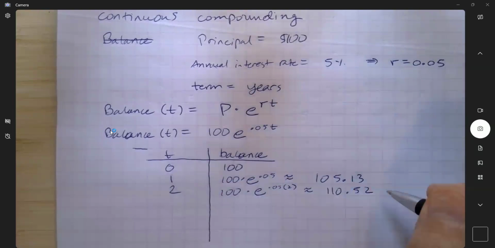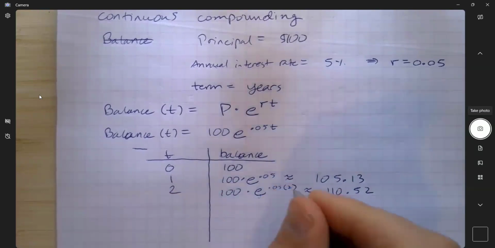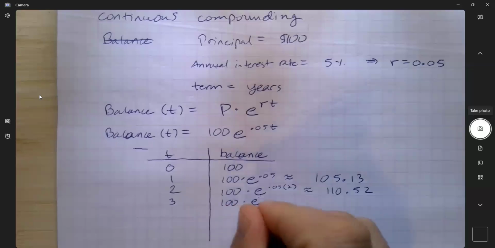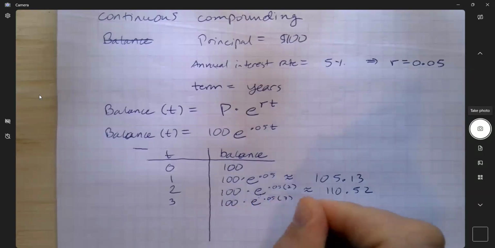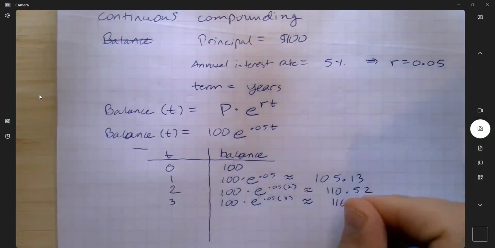These are approximate now. Natural exponential base is never going to give you exact answers when you put decimals or whole numbers in. After 3 years, 100 times e to the 0.05 times 3, which is 116.18.